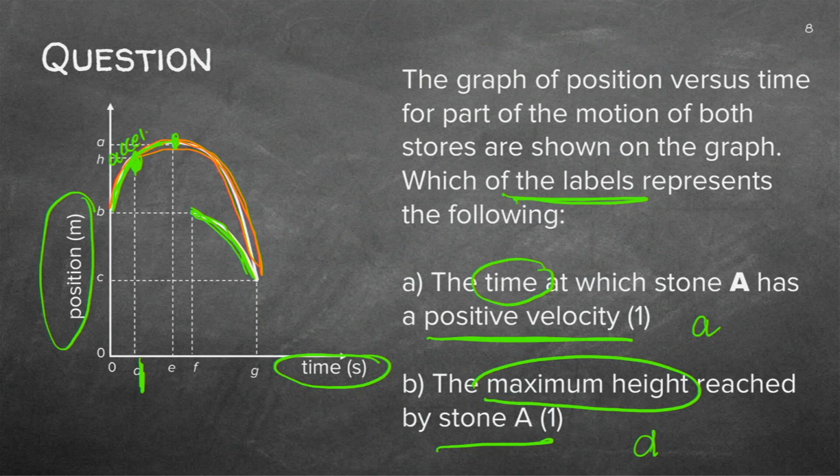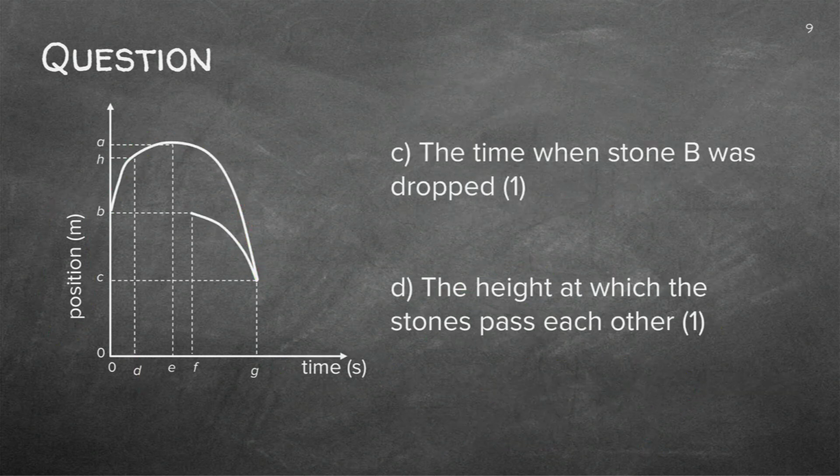Make sure that you've got the right question as they asked it, labels. They didn't ask you other portions. In the same question, they want us to identify the time that it took stone B. Now you can see this clearly represents B because it was dropped X seconds after A. So let's see what time did stone B, what label would represent that time.